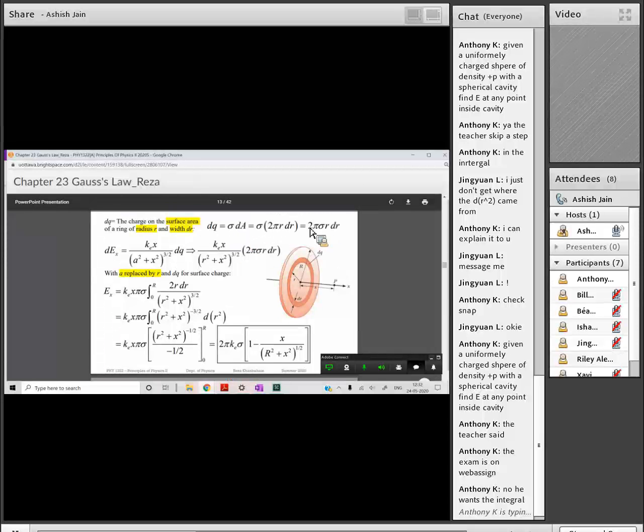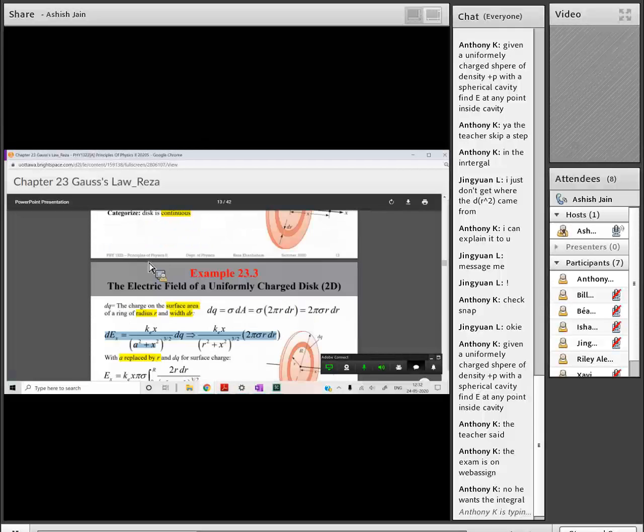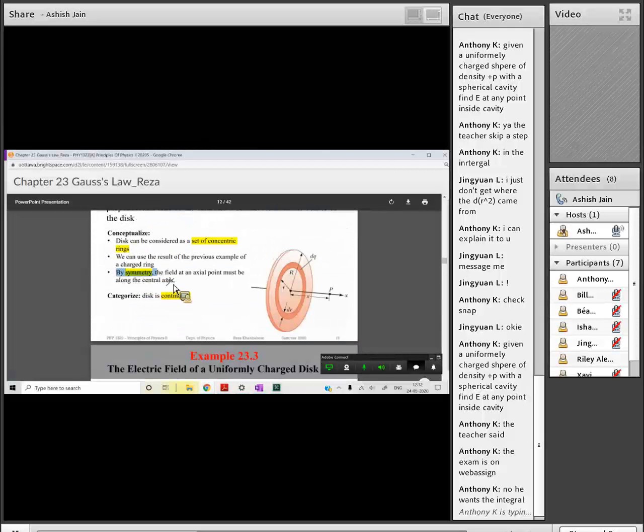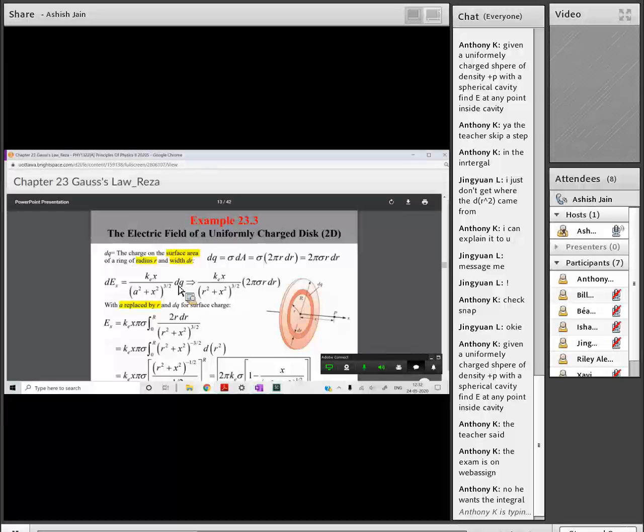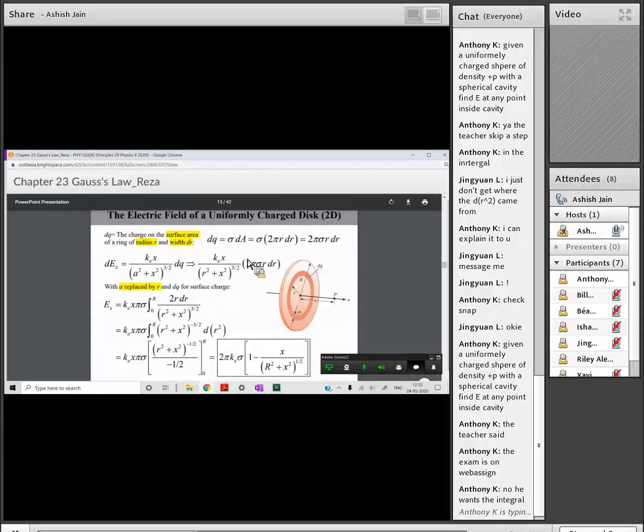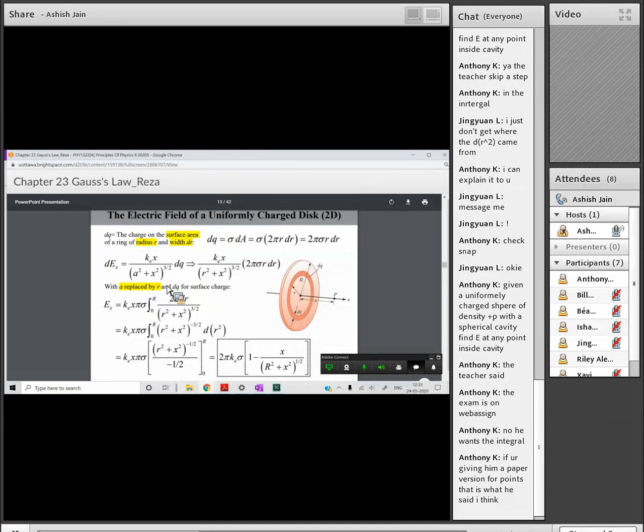You have to tell how you got dq. Then you have to tell how you get dEx. Then you have to give this symmetry argument that I just told you about, and then you have to say that now this is this, and I'm doing the integral over r, where r goes from 0 to capital R, the whole radius of the disk.